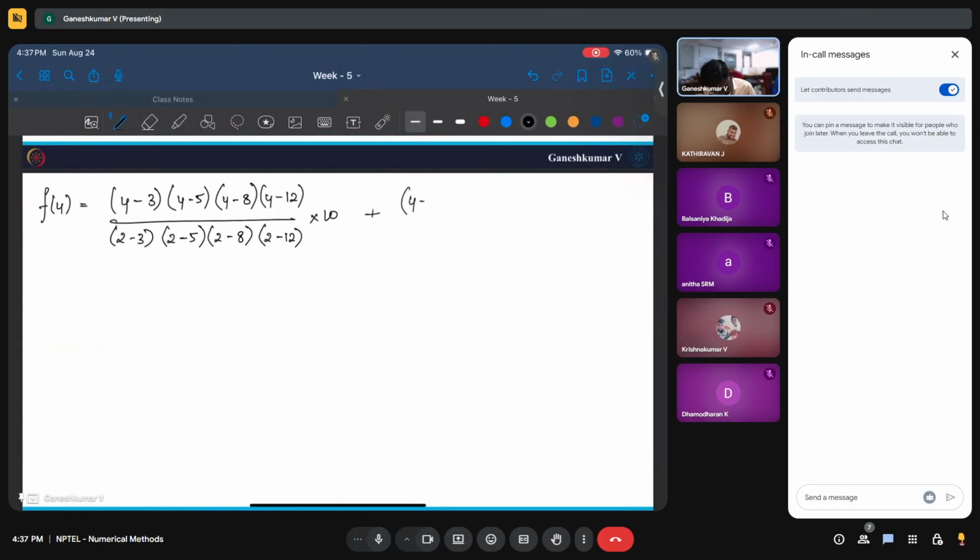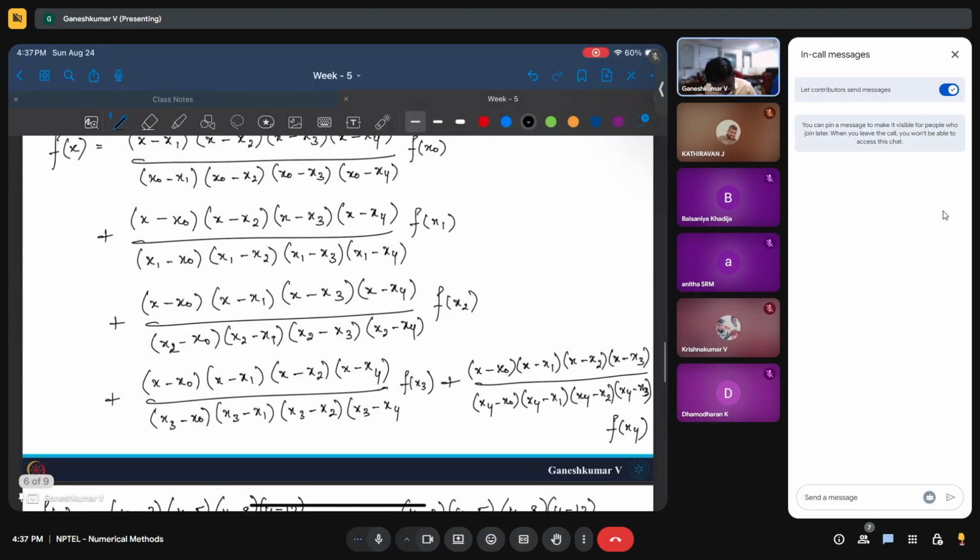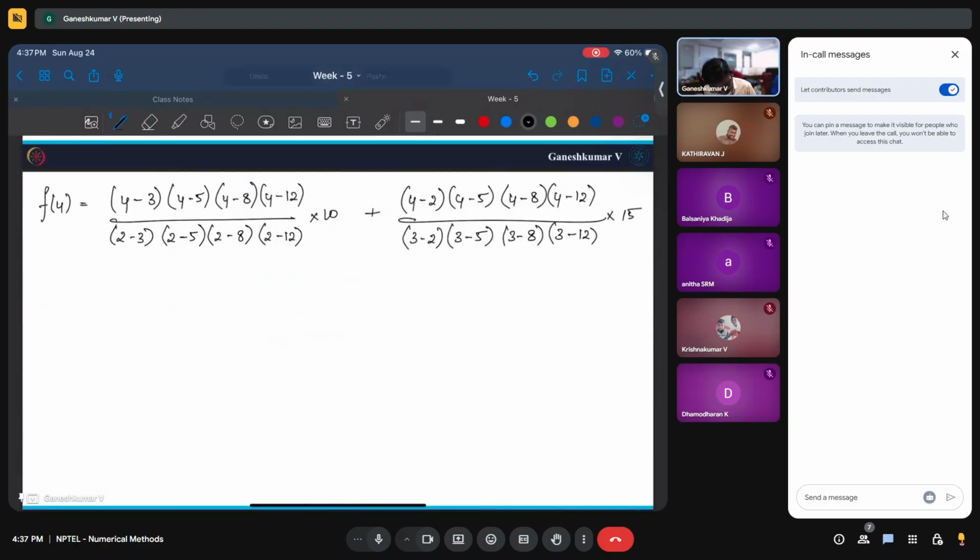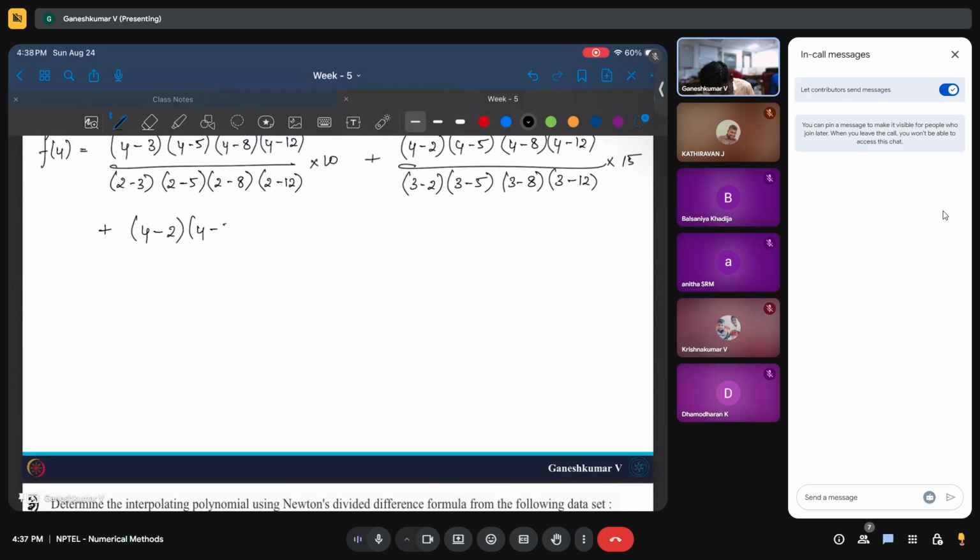The second term is going to be 4 minus 2, 4 minus 5, 4 minus 8, 4 minus 12, divided by 3 minus 2, 3 minus 5, 3 minus 8, 3 minus 12, multiplied by 15, plus the third term is 4 minus 2, 4 minus 3, 4 minus 8, 4 minus 12, divided by 5 minus 2, 5 minus 3, 5 minus 8, 5 minus 12, times 25.